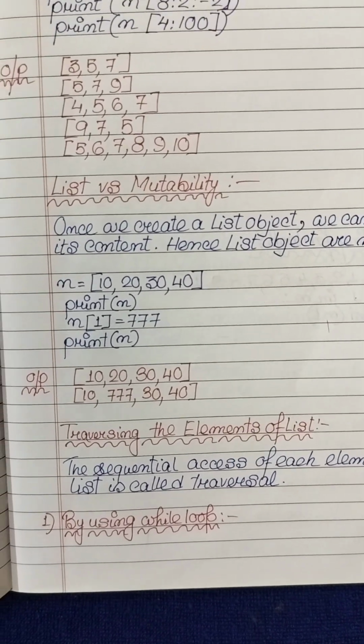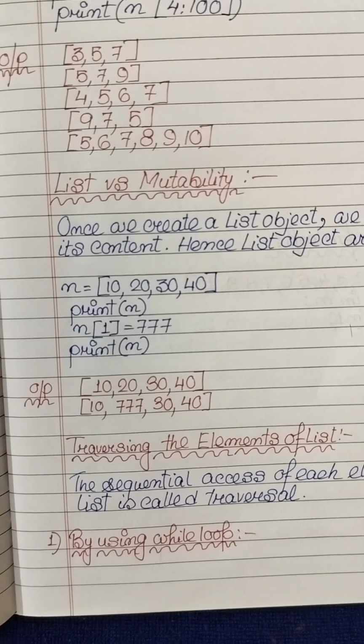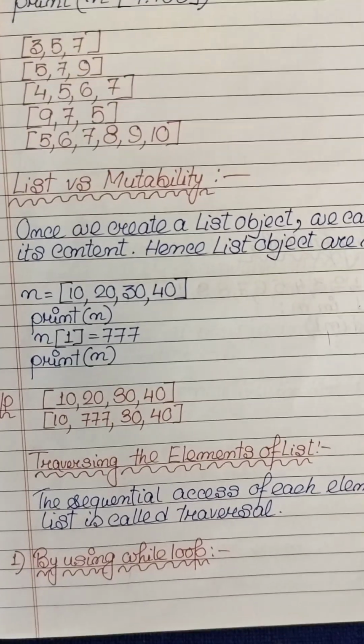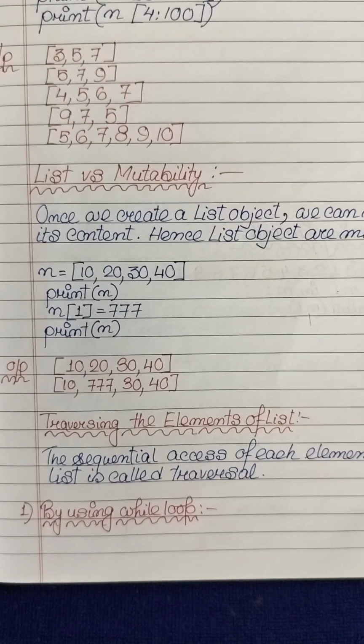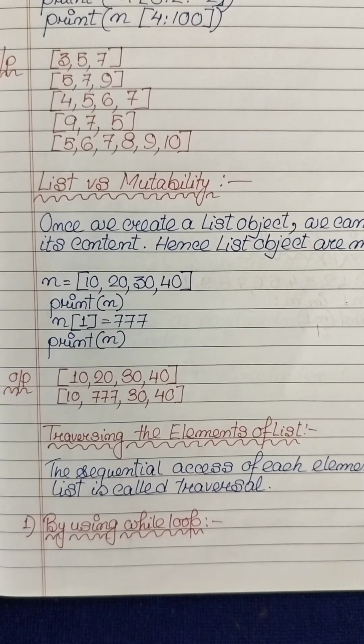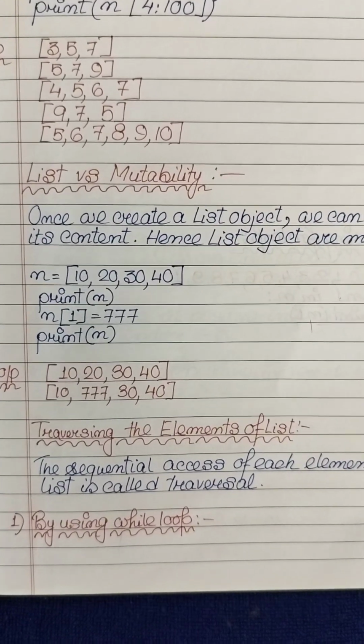Then print n. What will be printed? 10, 777, 30, 40 in place of 20. So 20 will be removed and 777 will be introduced in the list.